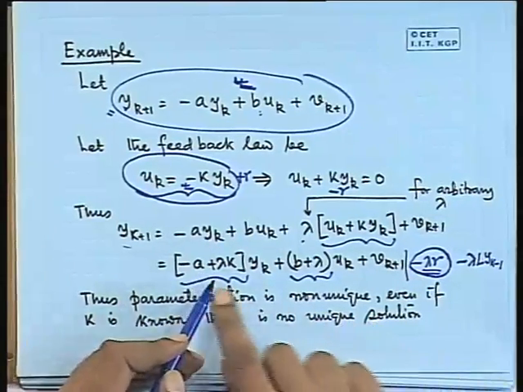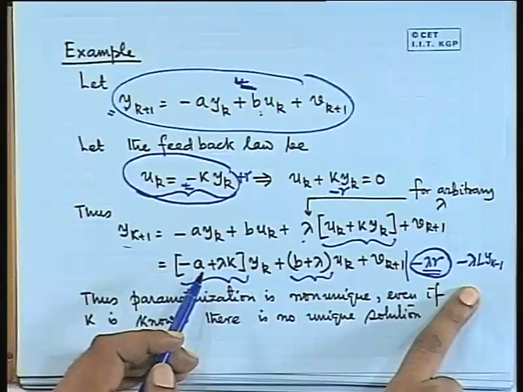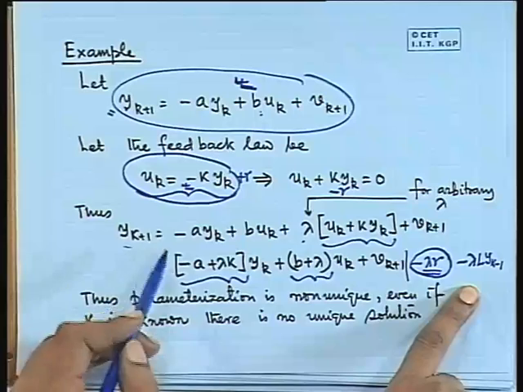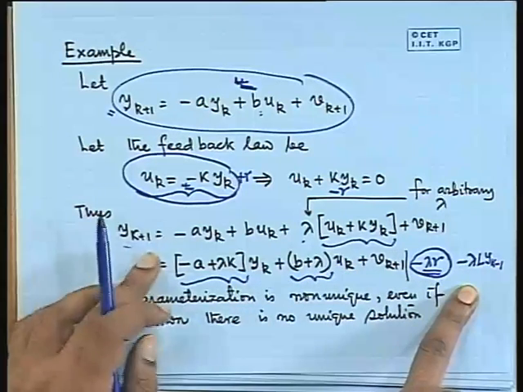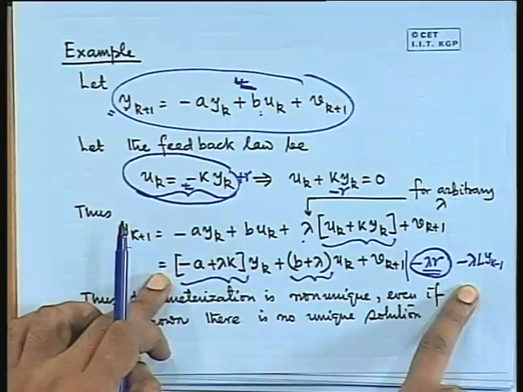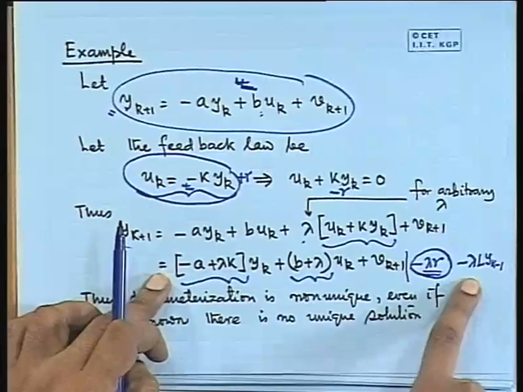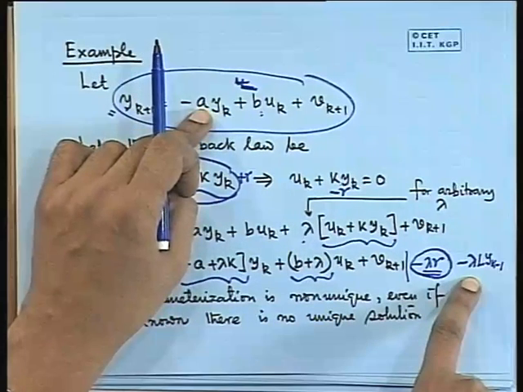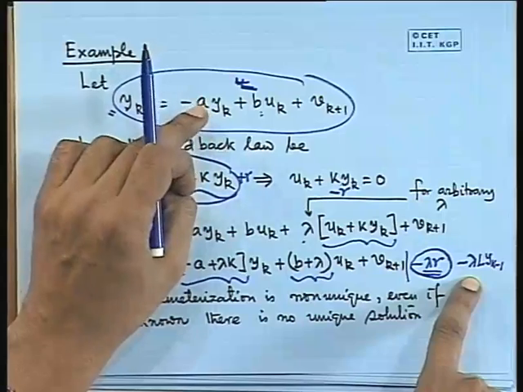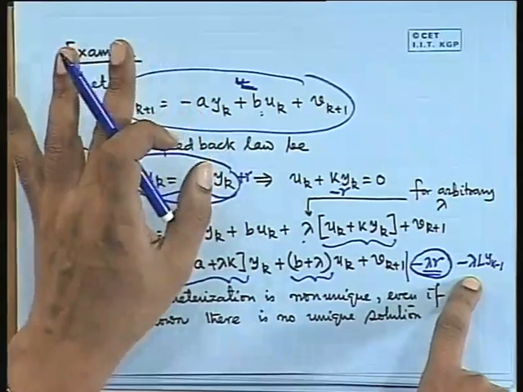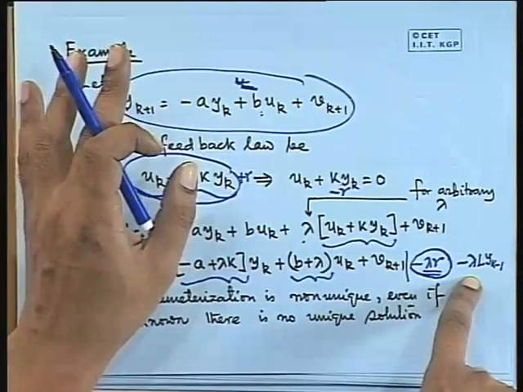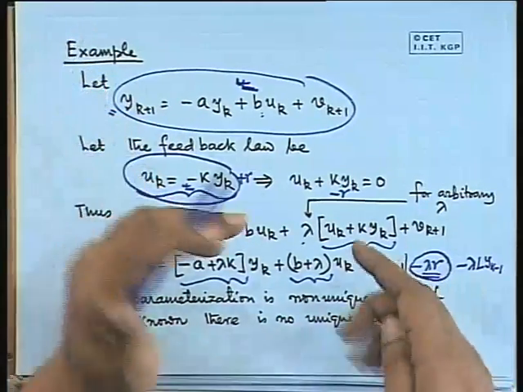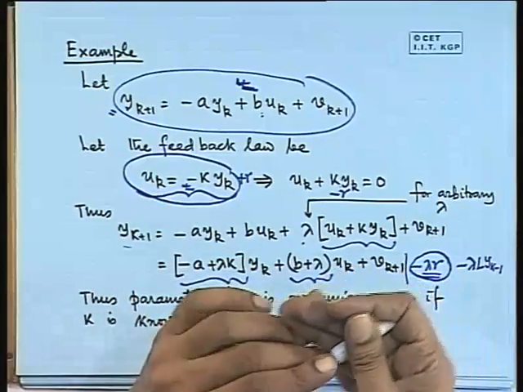So now your model structure would have been second order, that is the A polynomial order would have been second. So the data really satisfies a second order parameter model if lambda is non-zero, but you are trying to identify with a first order model. So that will be satisfied only if lambda equal to 0, not otherwise. So therefore you again have unique parameterization.